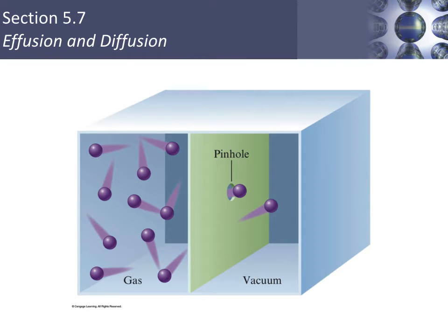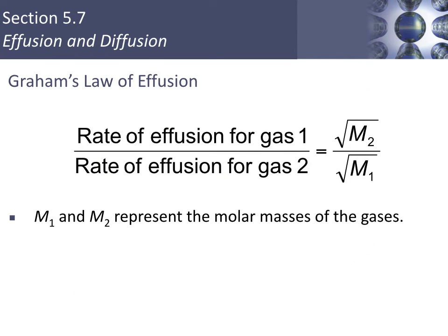If the gas is moving through a tiny hole, we call it effusion, and we can use Graham's law to look at how fast that happens. The rate of effusion for gas 1 over the rate of effusion for gas 2 is going to equal the square root of the molar masses. And that is all for Chapter 5.